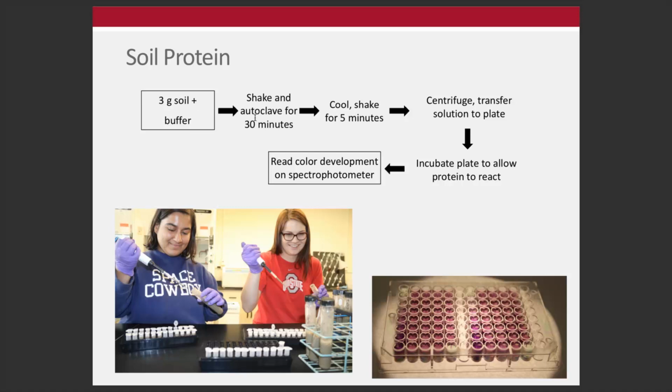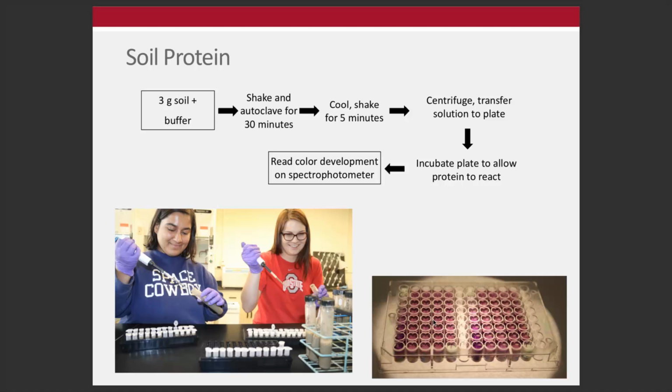You shake for just a few minutes and autoclave it for 30 minutes. It's the autoclaving, with its high temperature and pressure, that pulls the protein from the soil out into solution. We cool it from the autoclave, shake for 5 minutes, centrifuge, and then transfer it to a plate. Then we incubate it for an hour and let the protein develop colorimetrically.